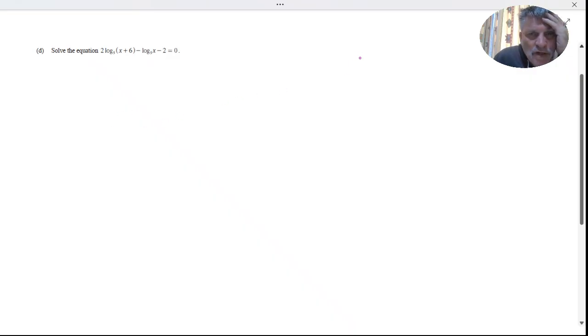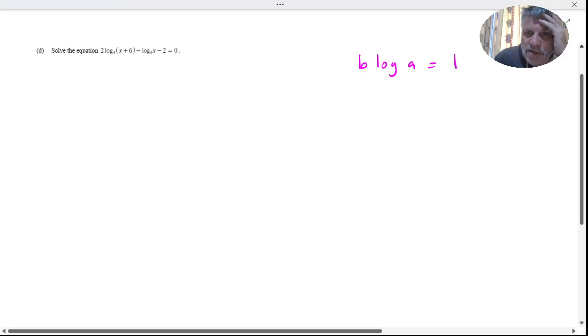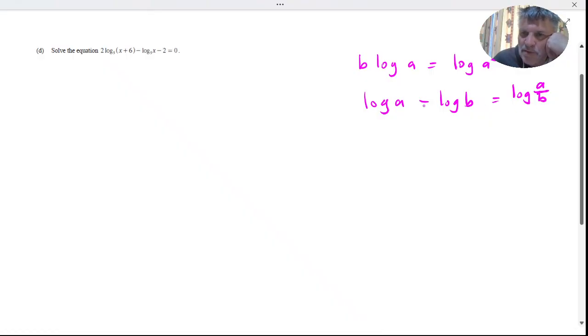If you have b log a, that's the same as log a to the power of b. And if you have log a minus log b, that's the same as log a divided by b. So subtraction outside can be converted to a division inside. There's another one with a positive plus here and you get multiplication, but we're not going to need to use that in this particular question.